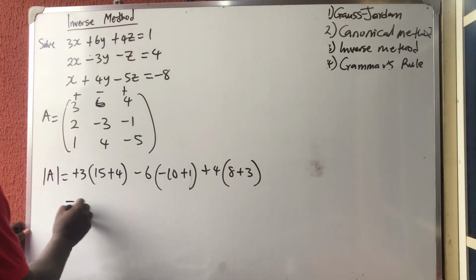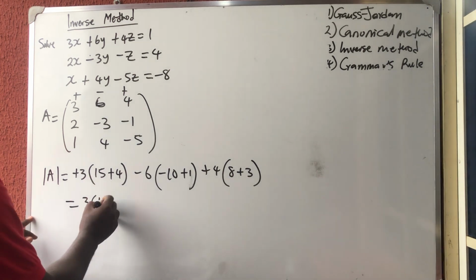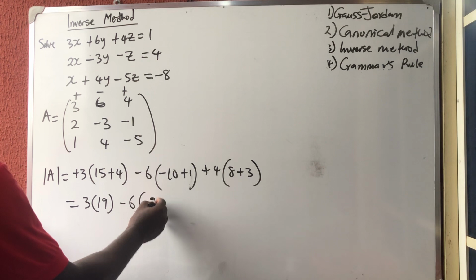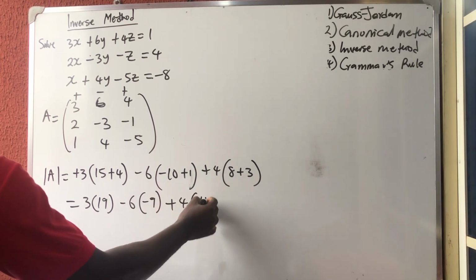So therefore the determinant is now 3 bracket 19, minus 6 bracket minus 9, plus 4 bracket 11.